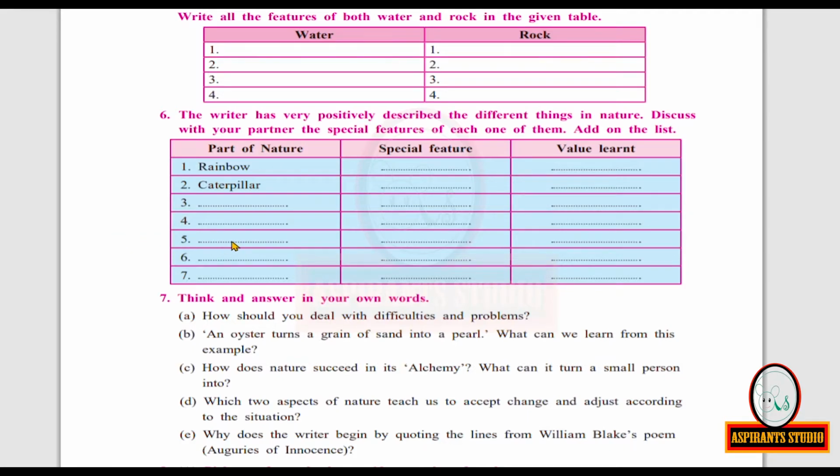Now for the fifth one, you can write bits of grass. And a special feature, you can write optimism, perseverance.